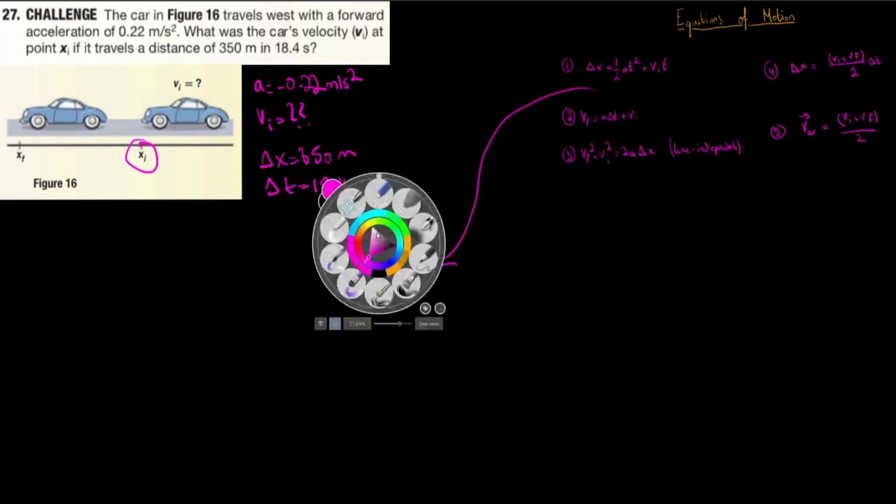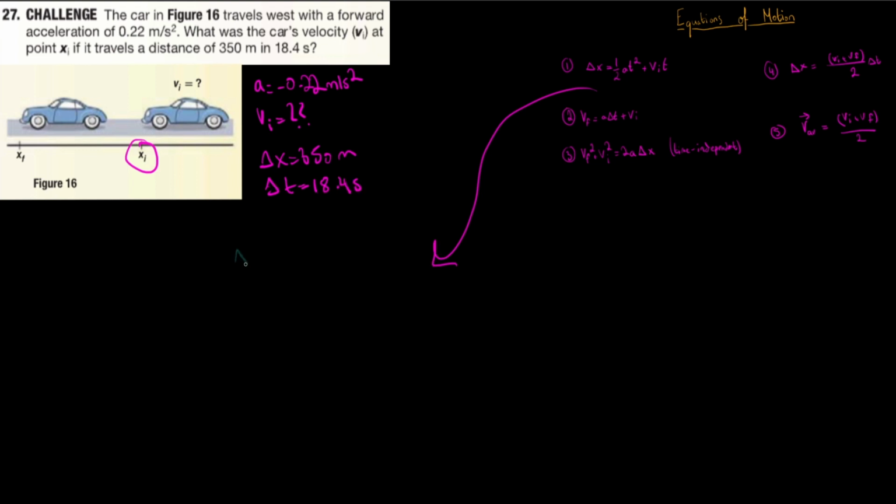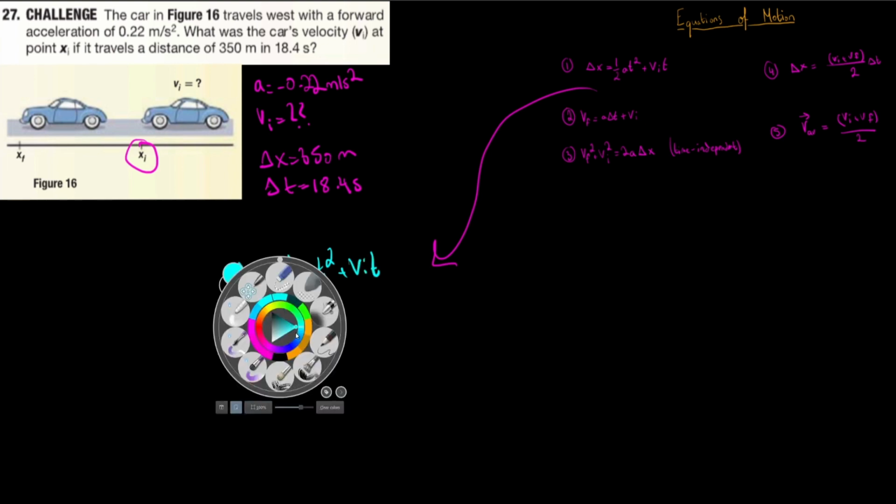and we're going to write it here. So delta x is equal to half at squared plus vi times t. So we can substitute here, and we can find the answer.